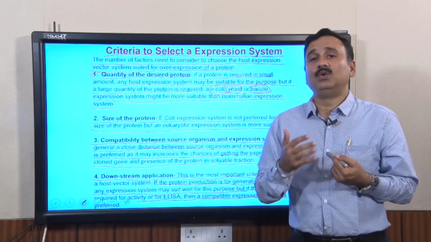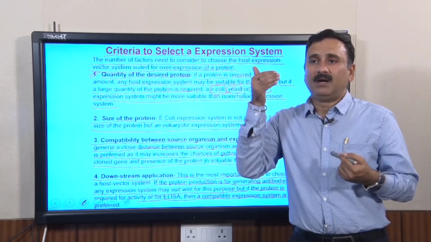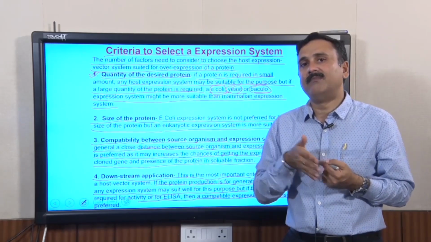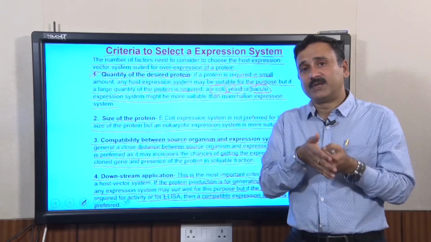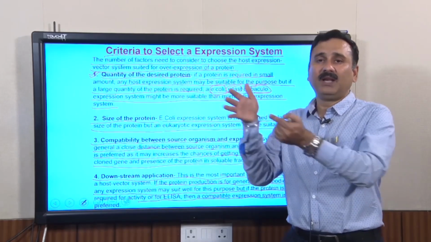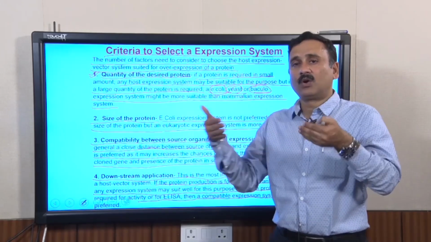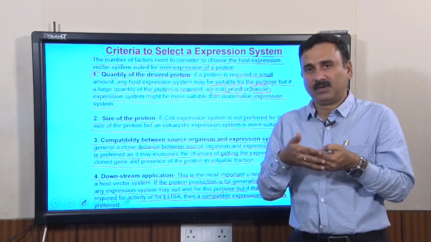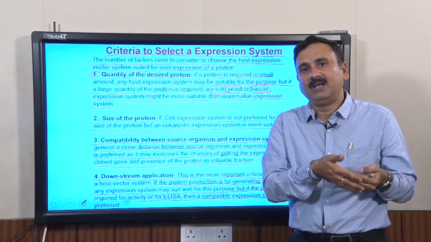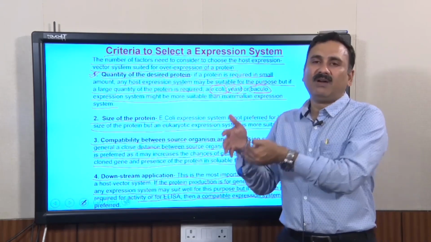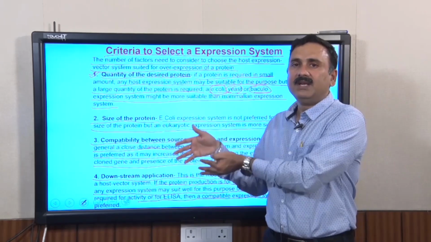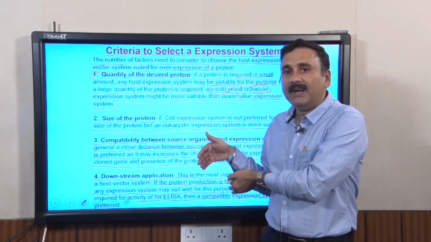In those cases, you have to use a host which is very compatible to the protein, which means you have to choose the host expression system closely associated with the protein. If it is bacteria, you have to use E. coli. If it is a eukaryotic system, you have the choices of using yeast, baculovirus or the mammalian expression system.